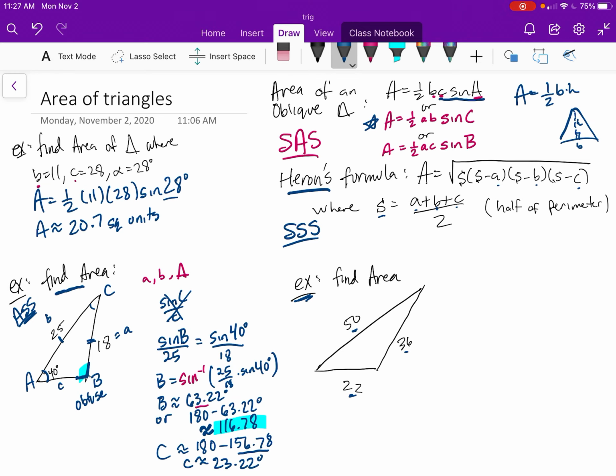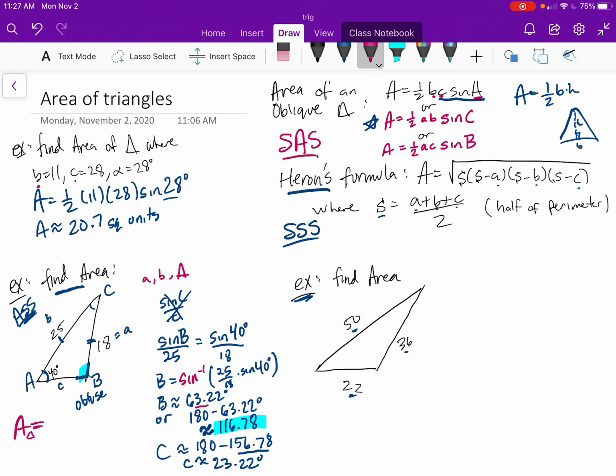All right, now I have what I need to do the formula. I have big C, little a, little b. So we're going to use that second one. I'll change colors here. The area, so not A. When I say A here, I'm actually talking about the area of the triangle, right?